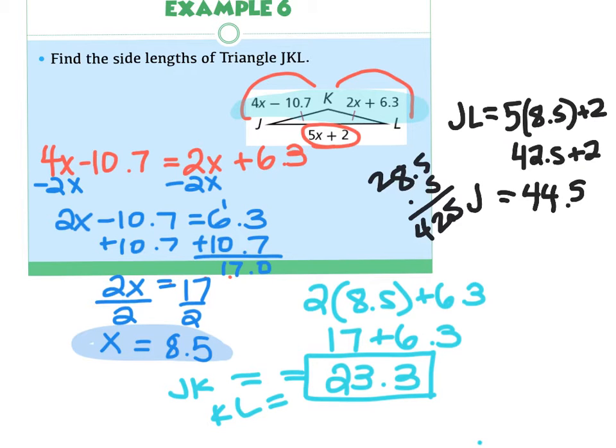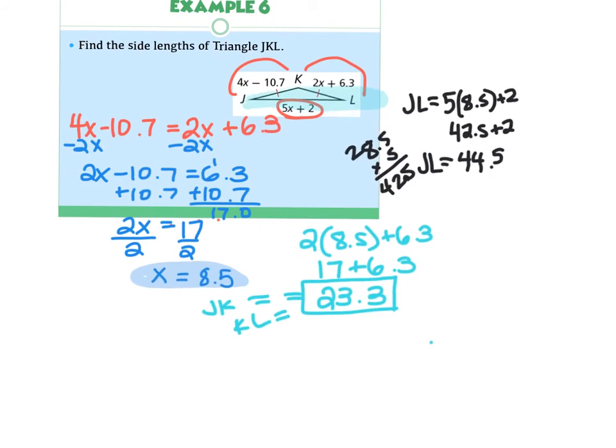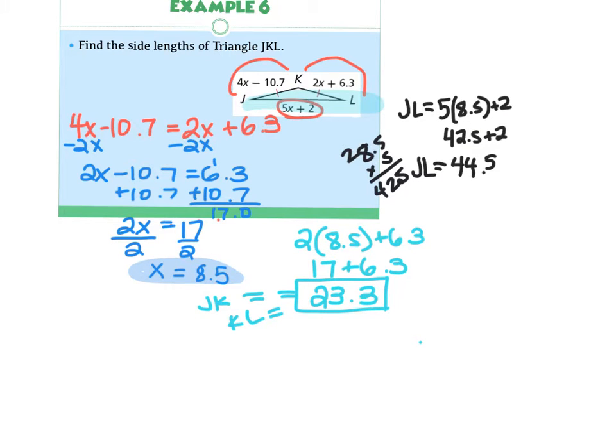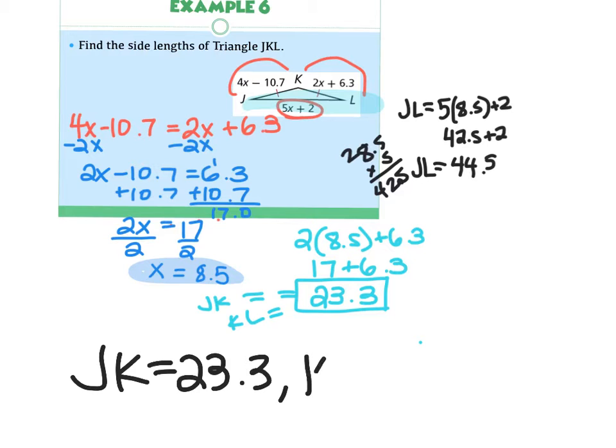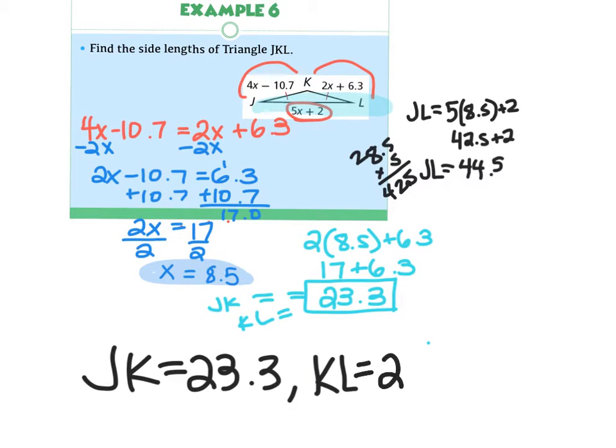Wait, is that point by the 5? Times. This is a times. Times. So JK is 23.3, KL is 23.3, and JL is 44.5.